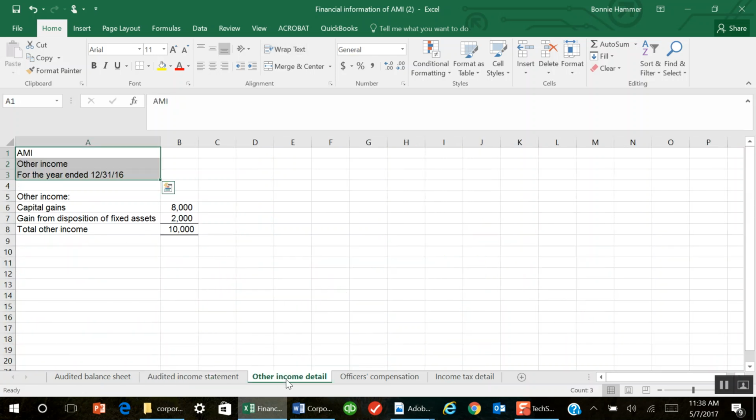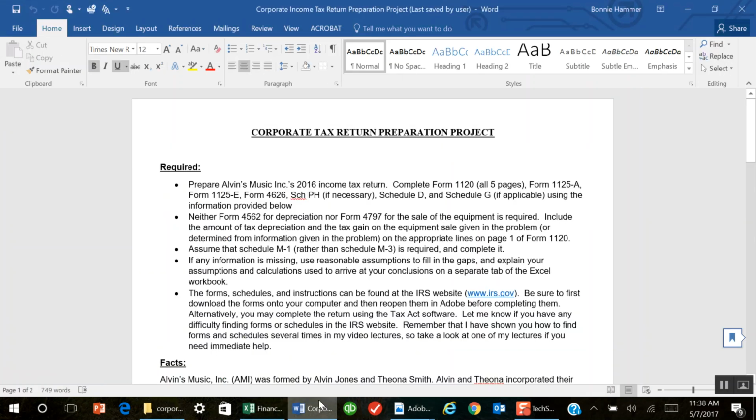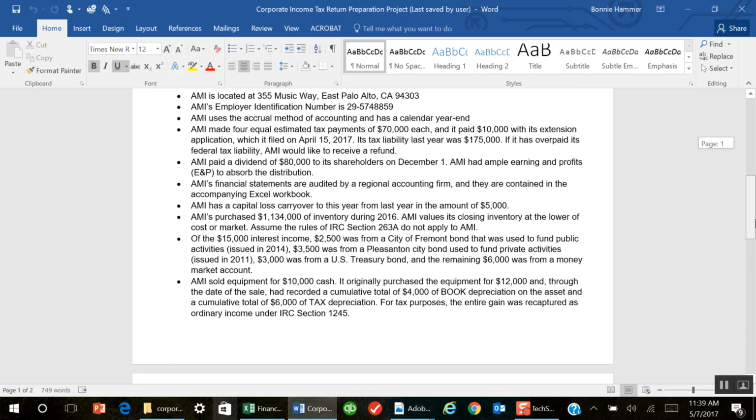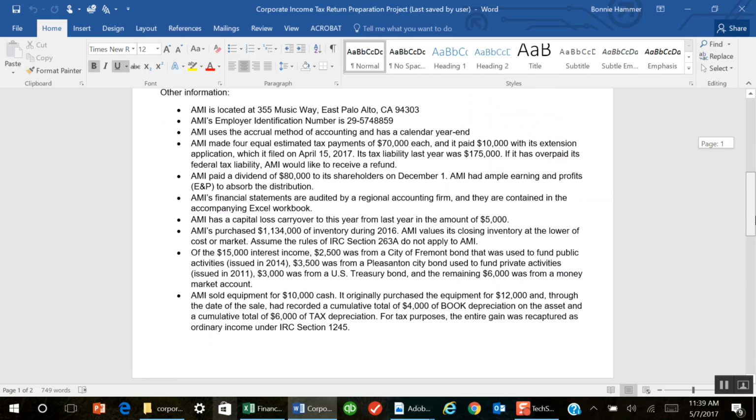what is this $10,000 comprised of? And so I told you that it's comprised of a capital gain of $8,000 and a gain from disposition of fixed assets of $2,000. Further, I told you in the Word document that they sold equipment for $10,000 of cash.